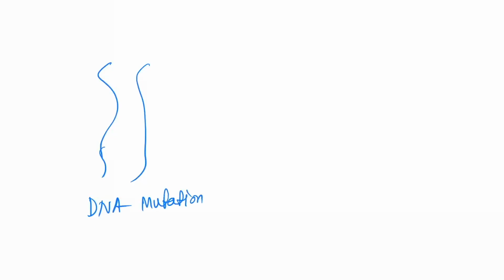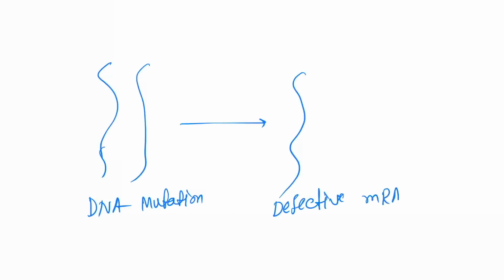How? The genetic cause: suppose this is a gene, DNA, and in the DNA a mutation occurs, which causes defective mRNA production, and so a defective protein.